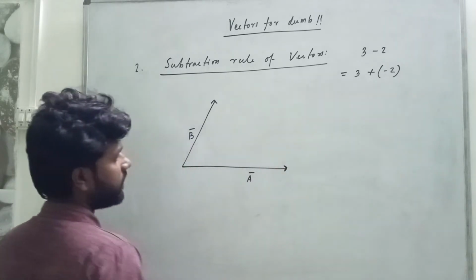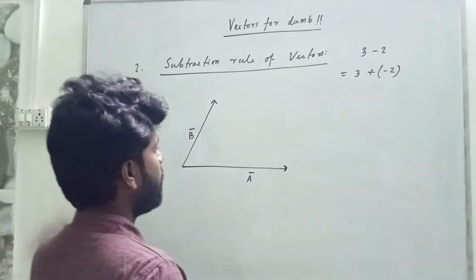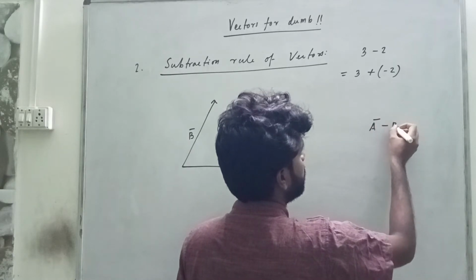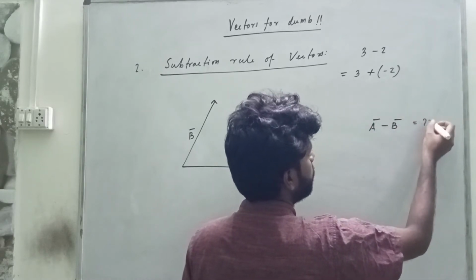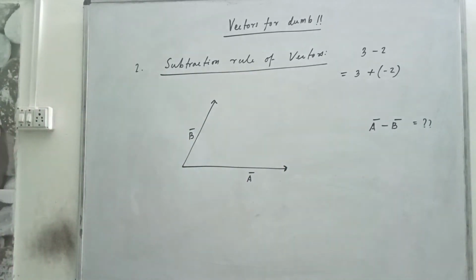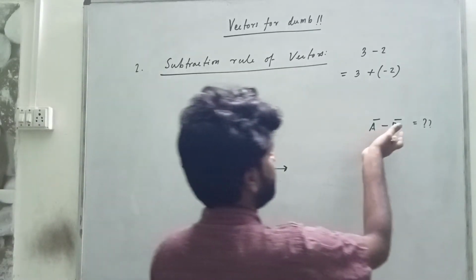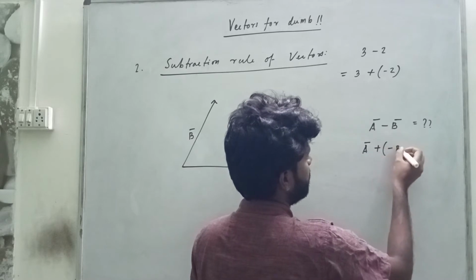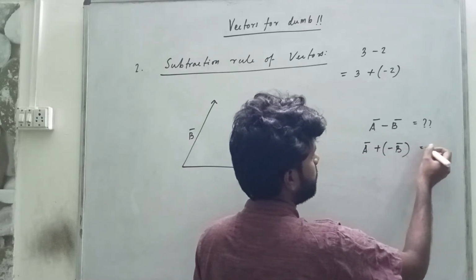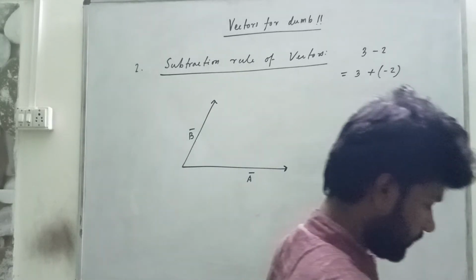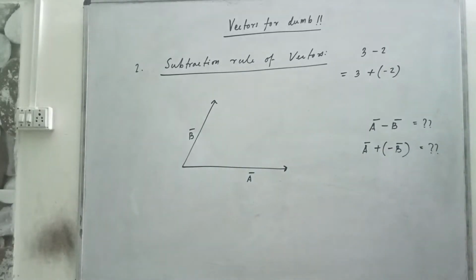And I want to calculate what will be A minus B. I want to calculate the result of A minus B, and you can just write it as A plus minus B, the same thing, right?